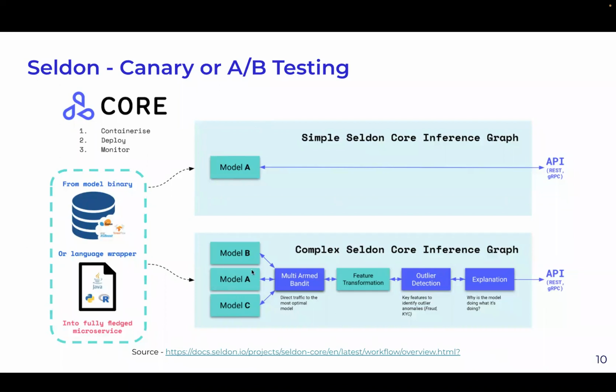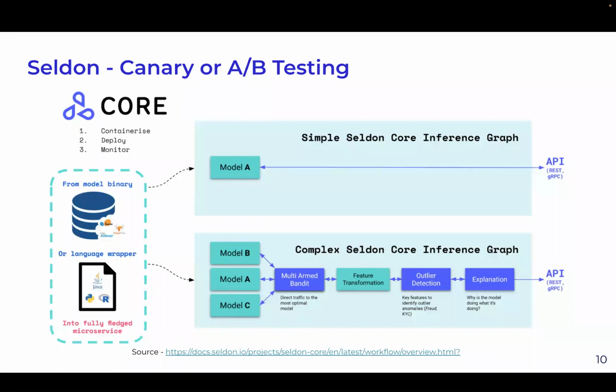In A/B testing, suppose all these three models are there. You try to distribute the traffic equally to all three models. In Canary, the model which is in production takes the highest load, and those which are yet to be in production, which have to be tested on production traffic, take the lowest load.